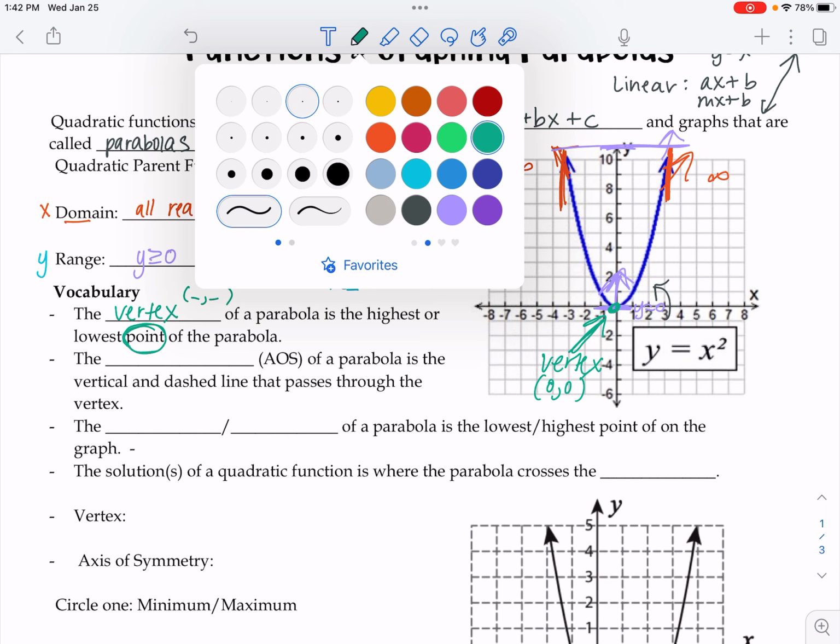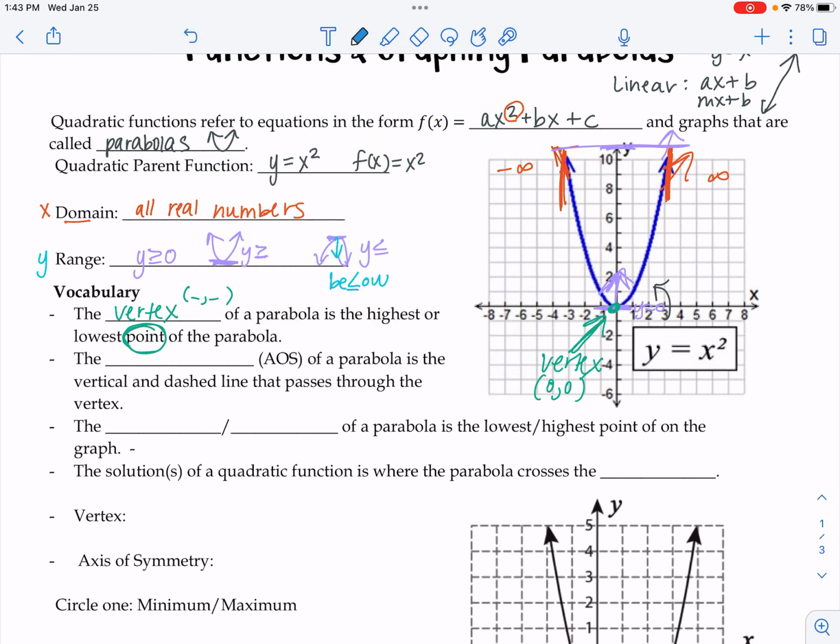The other vocabulary we need is the axis of symmetry, sometimes called the line of symmetry, abbreviated AOS. It is the vertical line.